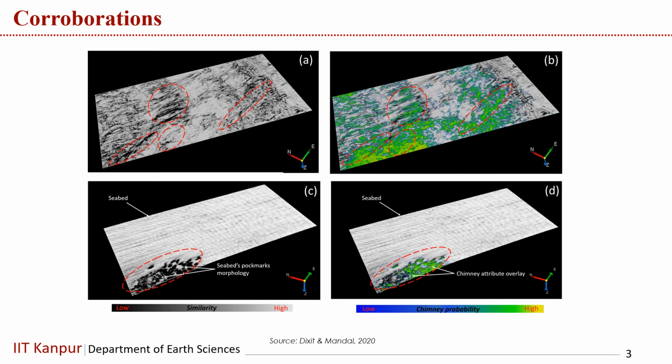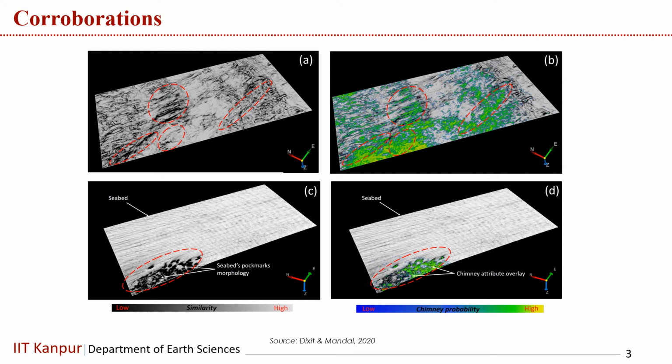And again, to get more confidence in our obtained gas chimney probability, we created horizons. This first horizon is for the Jameson formation, plotted with the similarity attribute, where the black patches are showing areas of low similarity.